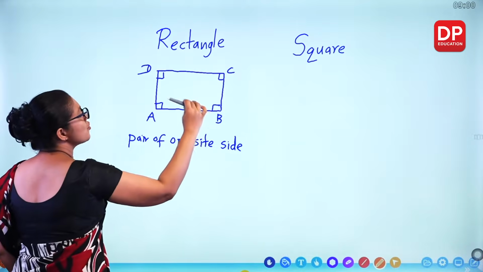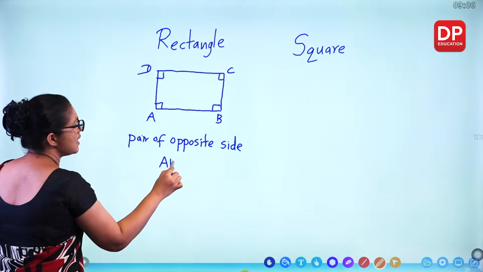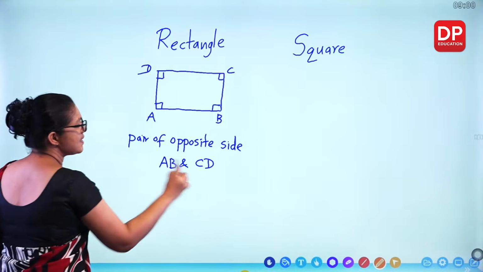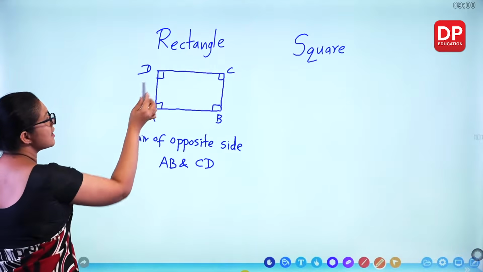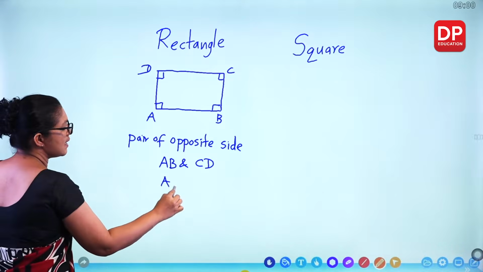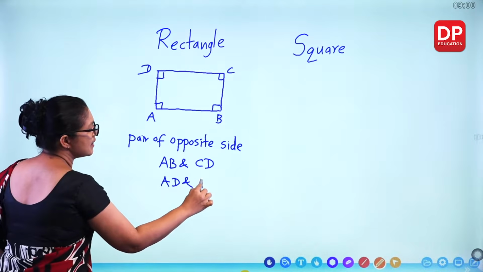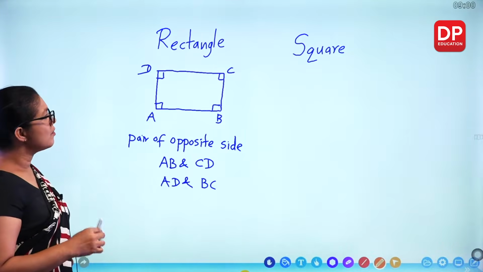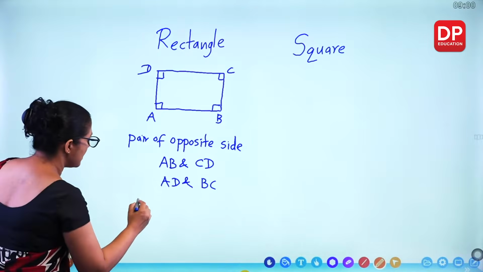That means 2. If you take AB, the opposite side to that is CD. If you take AD, what's the opposite side? You get BC.